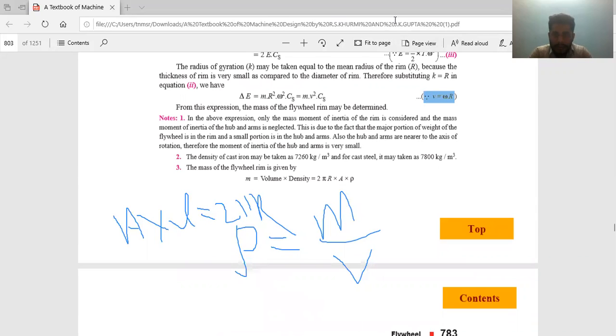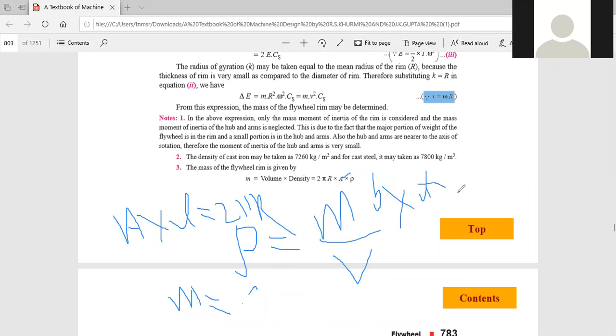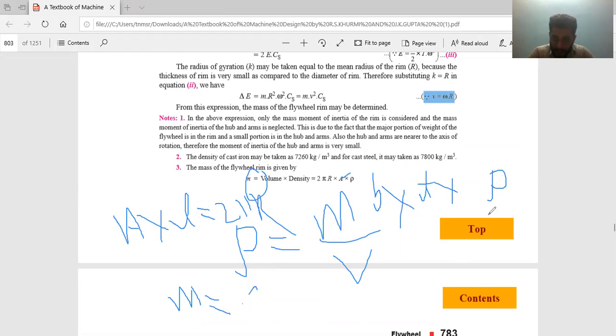So mass is equal to 2 pi r into area, this area is B into T, into density. If density, T and B are given in the problem, you can calculate the mass of the flywheel. Or if mass and rho are given in the problem, you can calculate the area of the flywheel ring. Yes or no?